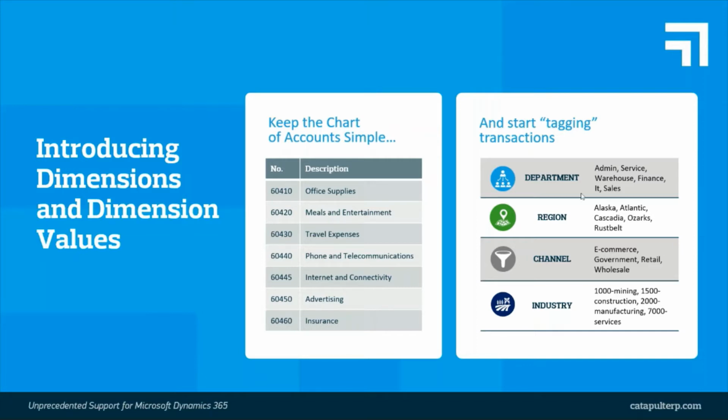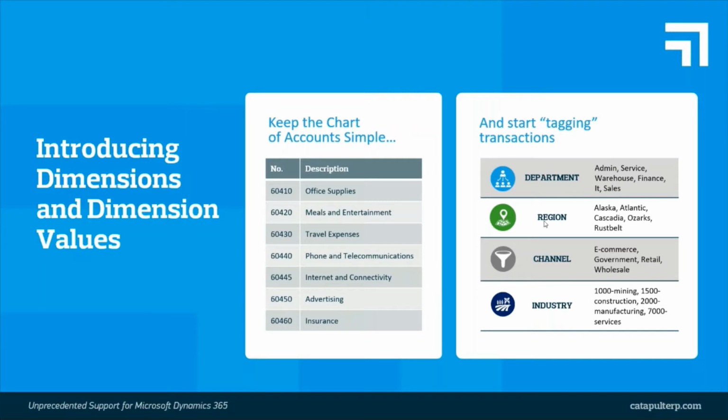So if we were to, in this example company, look at the tags or the attributes or segments or dimensions, we may be looking at a four-faceted approach. Maybe you want to code the department that this transaction is related to. So if you have a new forklift, you may want to code that to your warehouse department, or if you buy a new server, you may want to put it to IT, so on and so forth.